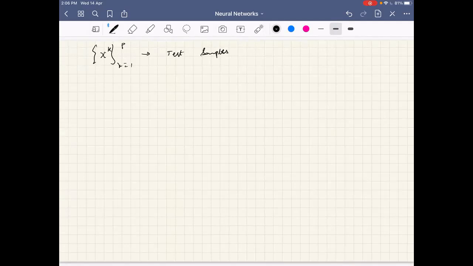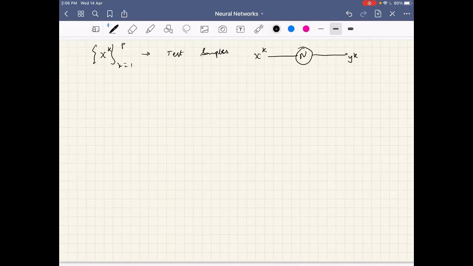Now, if you want to test them, what do we do? We give these test samples xk to the model of neuron. The model of neuron can be depicted like this. This is input xk, this is the neuron, and this is output yk.